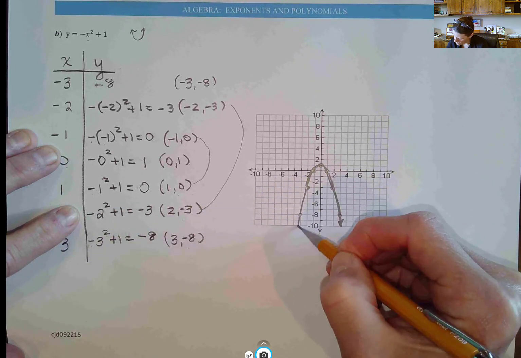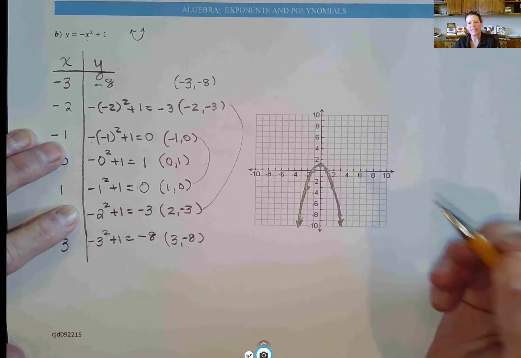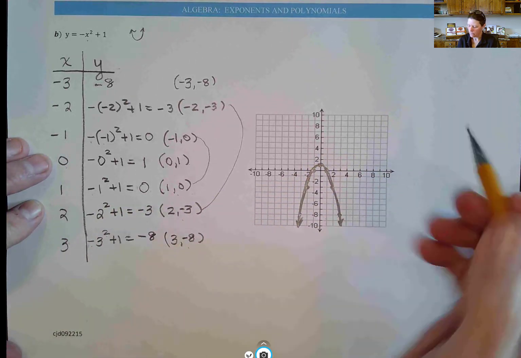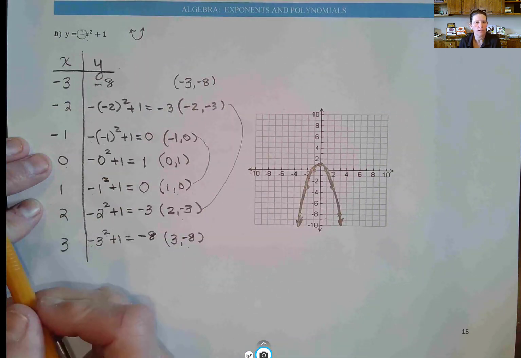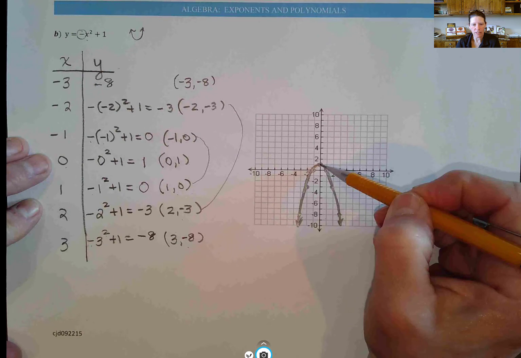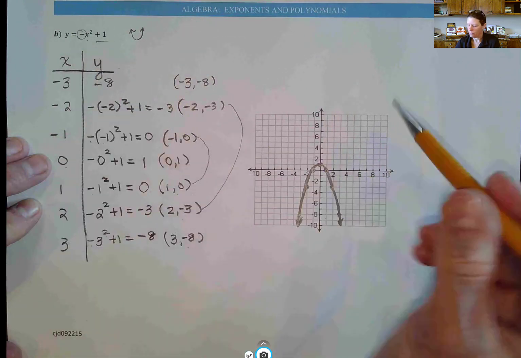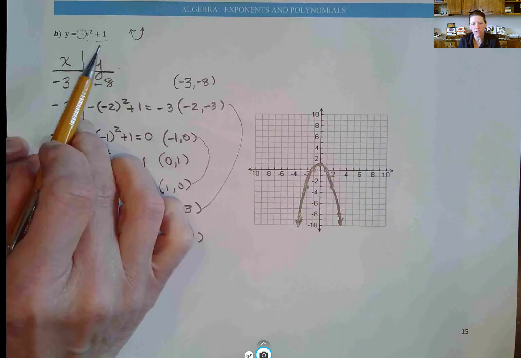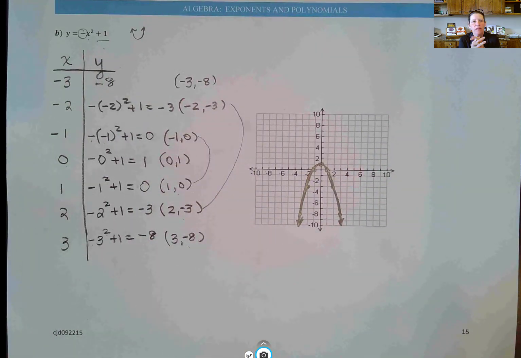Connect those points with a nice smooth curve, and notice that this is a parabola that opens downward, doesn't it? Okay, it opens downward because of that negative symbol in front of the x squared. And the vertex of this parabola got shifted up 1 unit from the origin because of this plus 1. All right, students, good luck with these, adding and subtracting polynomials and graphing some basic polynomials.